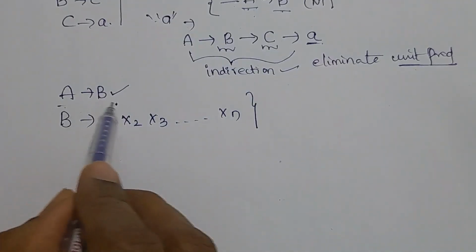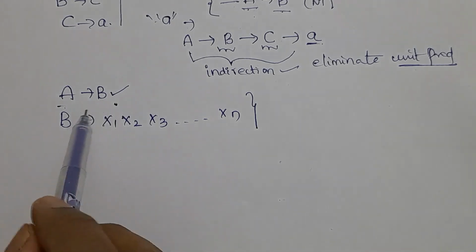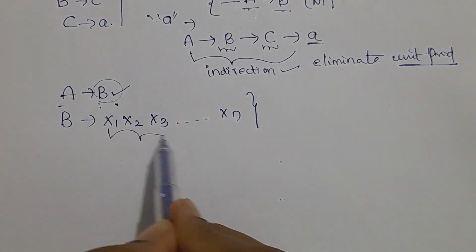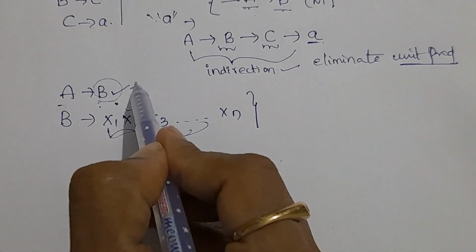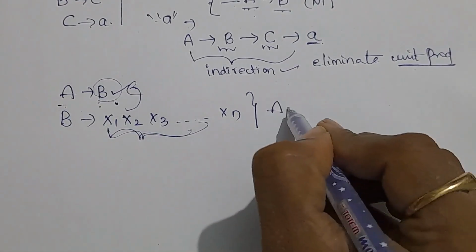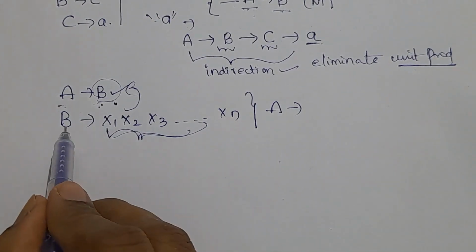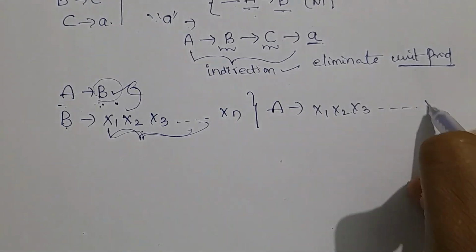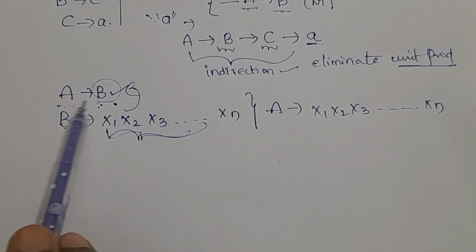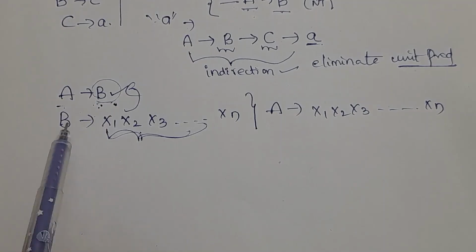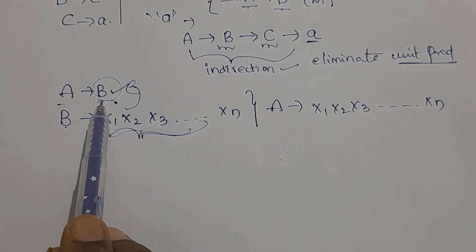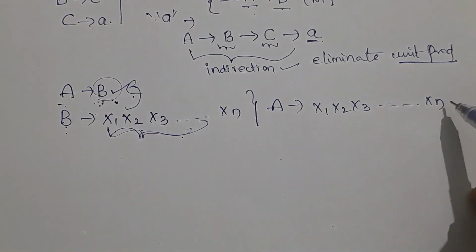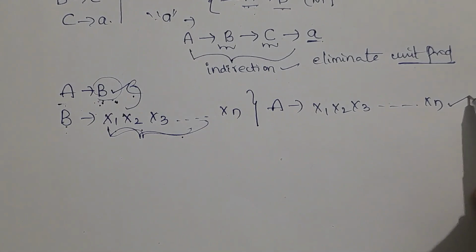To remove this unit production, what I will do is replace the non-terminal with the RHS of that non-terminal, so that I get A tends to x1, x2, x3 and so on xn. Simply, the removal of unit production is nothing but replacing the corresponding non-terminal's productions into the unit production.